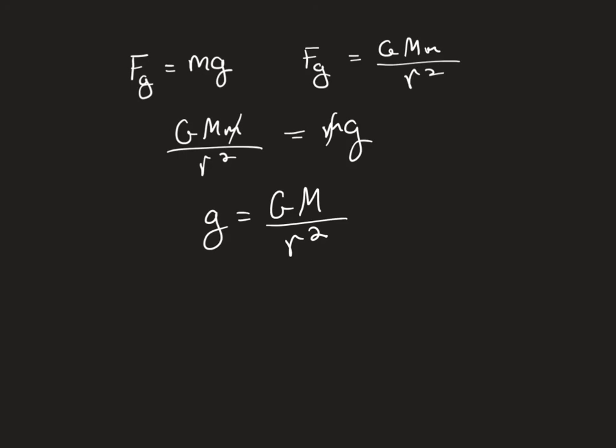So this allows you to find the gravitational field strength due to a large body. So if you plugged in the mass of the Earth and the radius of the Earth, you would find that the answer gets pretty close to 9.8 that we've been using all semester. So this allows you to see that the 9.8 is actually not a constant value because it depends upon the planet you're on and the distance above the surface that you are on that planet.